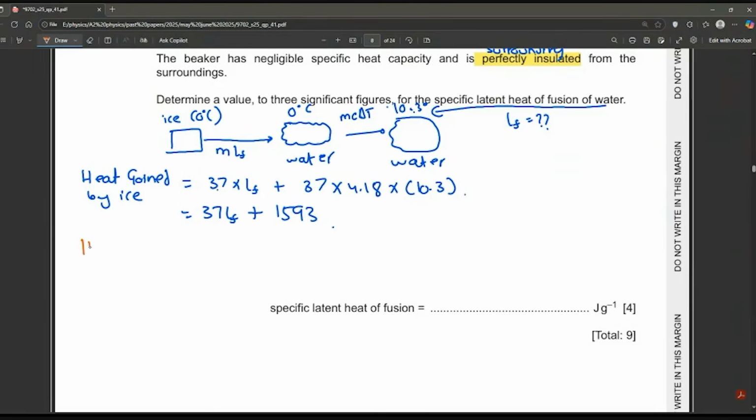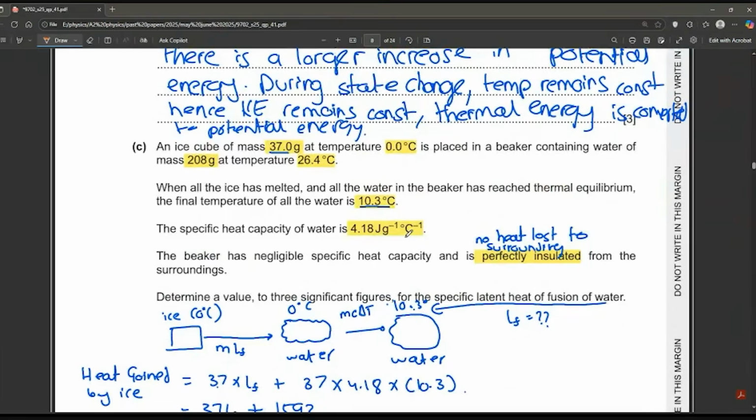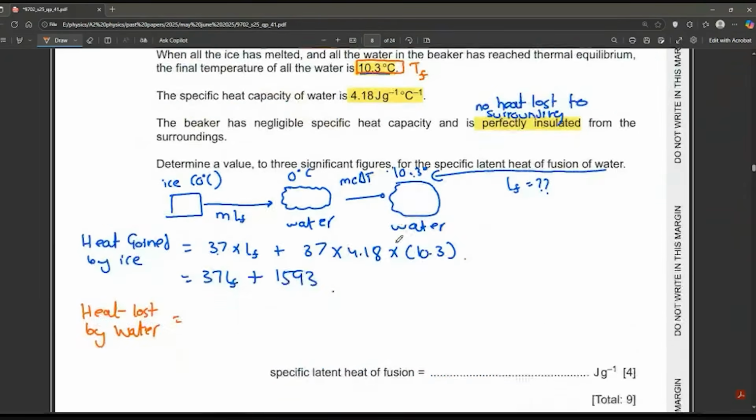Now, how will you calculate heat lost by water? What is the initial temperature of water? Yes, initial temperature of water is 26.4. Final temperature of water is 10.3. Can you calculate the heat lost by water?